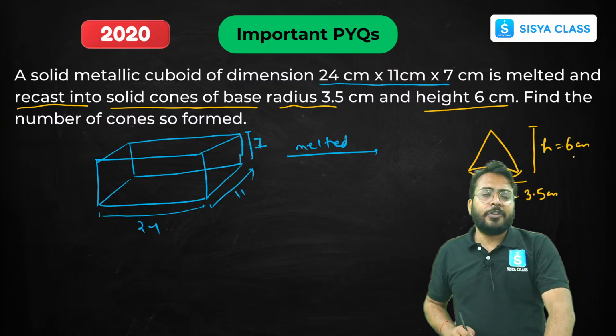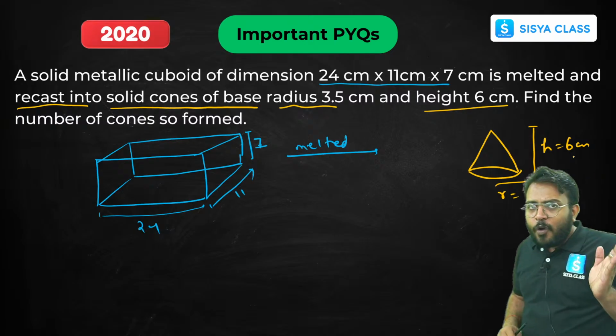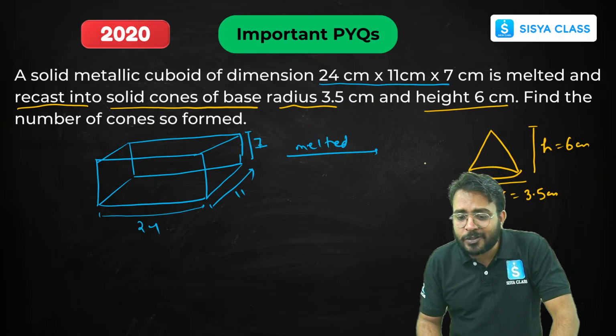Got it? So after melting this cuboid, you are forming some cones whose radius is 3.5 centimeter and height is 6 centimeter. They are asking how many such cones you can form.